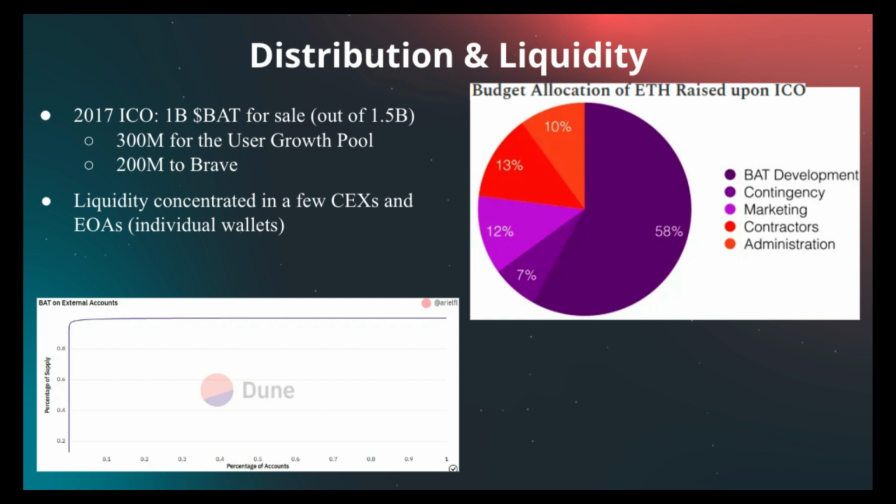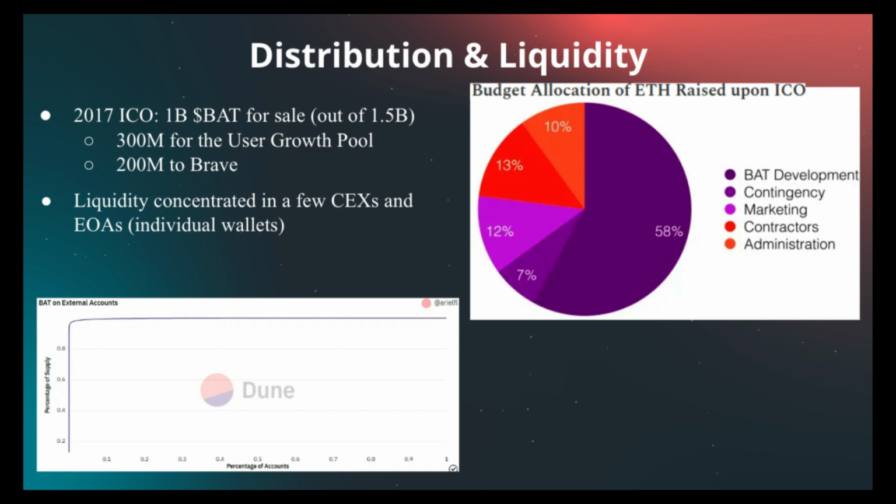They have a max supply of 1.5 billion BAT tokens, and they put 1 billion BAT for sale, which is, I think, quite a lot, based on what I see on more recent protocols that have launched tokens. And the remainder, 500 million, was split across the Brave team, just to pay for the expenses and continue developing the protocol.